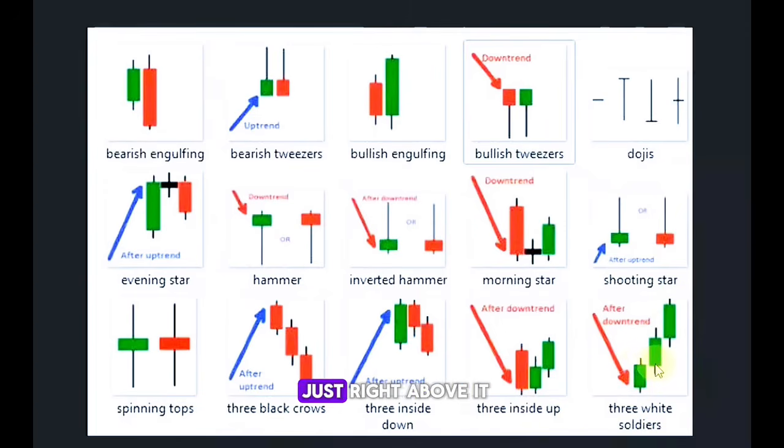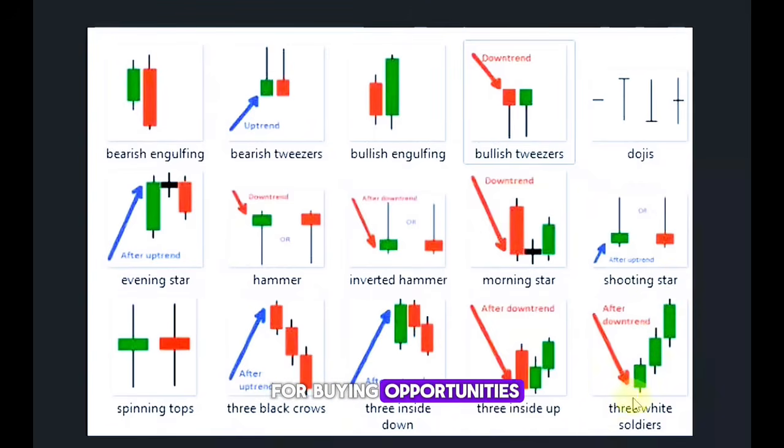The next one opened just right above it, with this wick dipping a bit here, then closed above it. The next one just opened right above where it closed, with the same wick, and another one closing above it. This shows you that the buyers are gaining more momentum in the market, and you should be looking for buying opportunities.